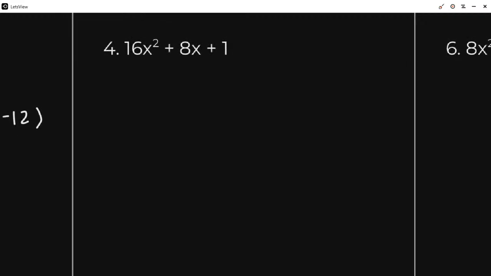Okay, then for this one, again, you can do the x method, or if you realize this is a perfect square trinomial, or PST. So, hold on, I'm going to rewrite that in blue just to stay consistent. Okay, so for this one, a would be the square root of 16x squared, which is 4x, and b would be the square root of the last term, which is 1.